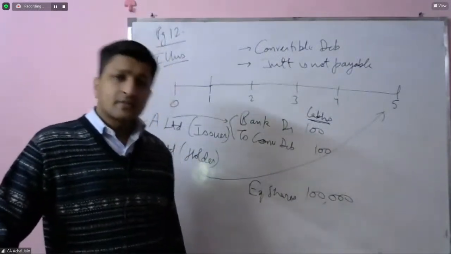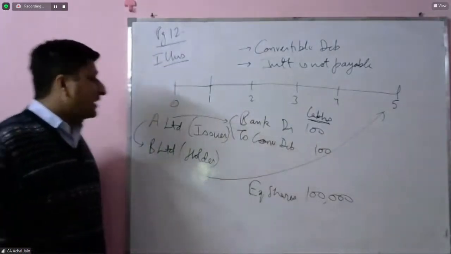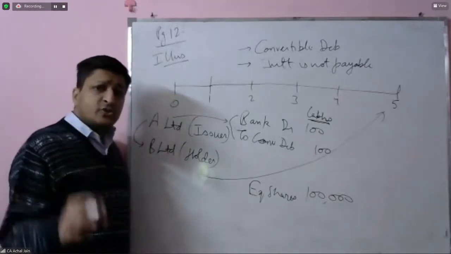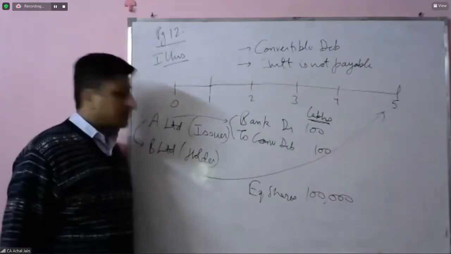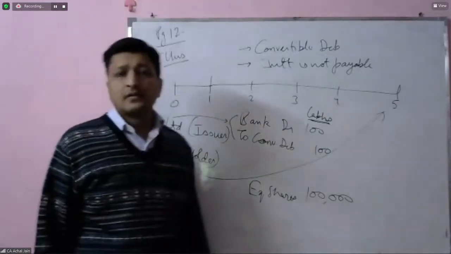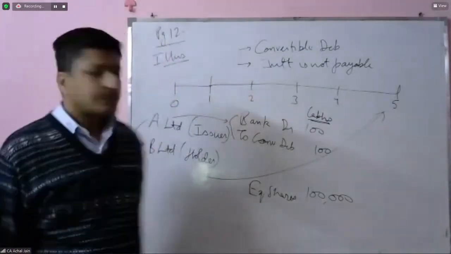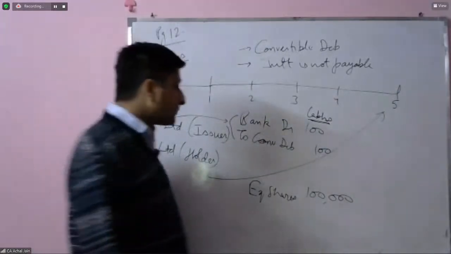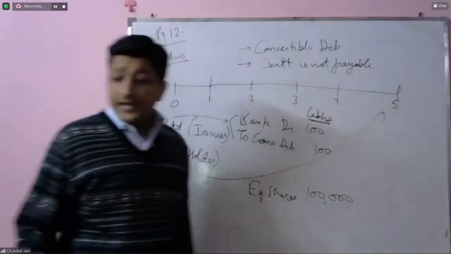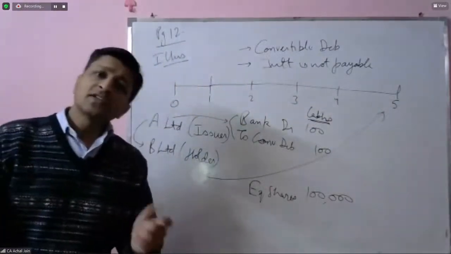But in case A Limited says, B Limited, don't worry, I will issue you 1 lakh equity shares and the settlement will be for 100 lakhs, that means in a way the price per share is also agreed.